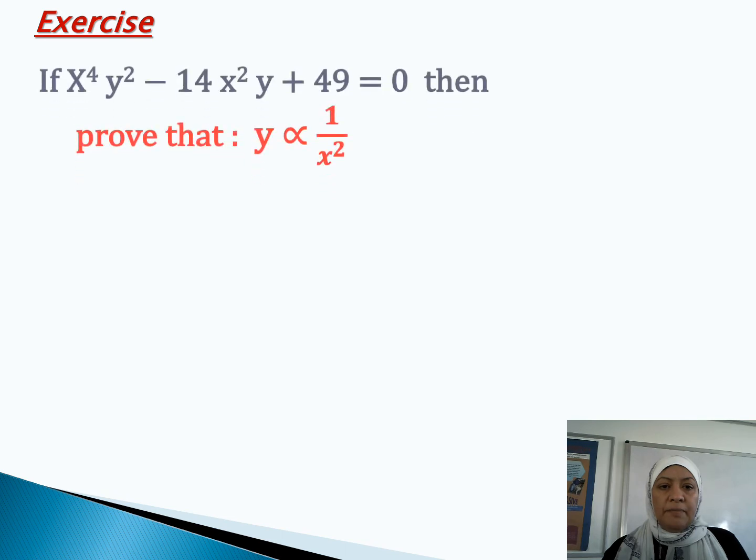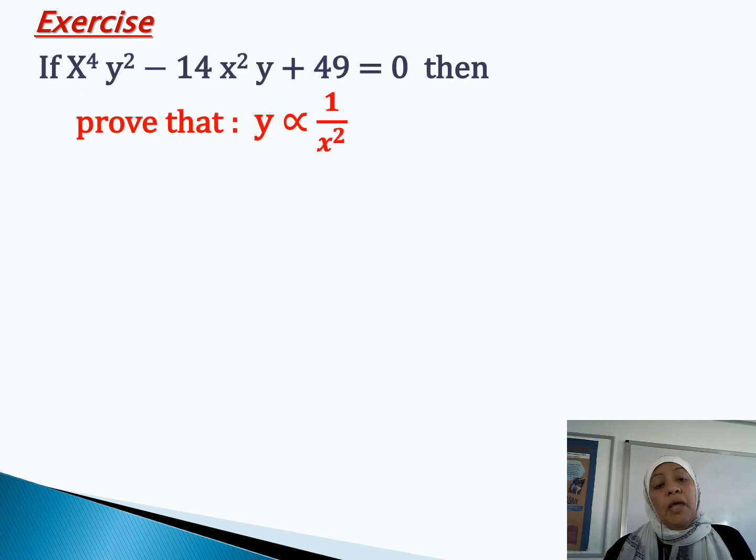Another example. If x to the power 4 times y to the power 2, minus 14 x to the power 2 y, plus 49 equals 0, then we need to prove that y varies inversely with 1 over x to the power 2. How to solve this one?